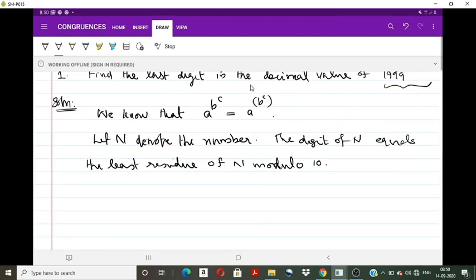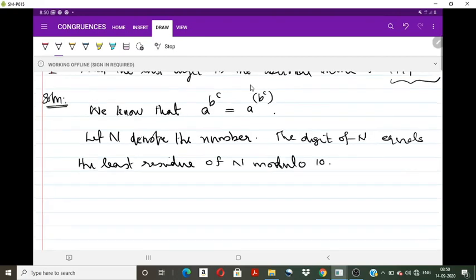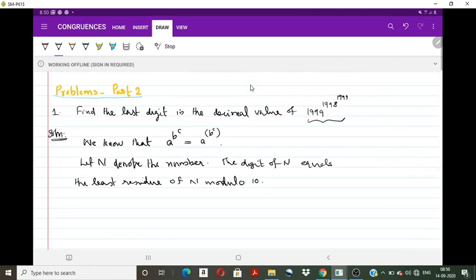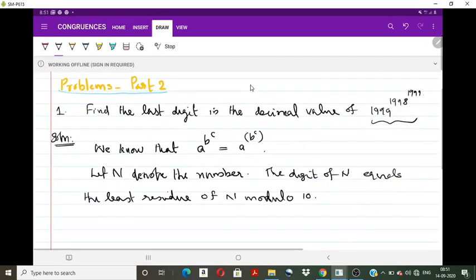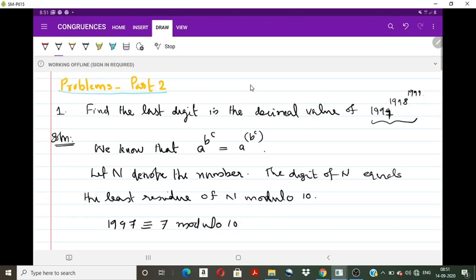Okay. So the base number is 1990 raised to 1990. Sorry, this is not 1999. The question is 1997 raised to the power. So the base is 1997, and we know that this is congruent to 7 modulo 10.